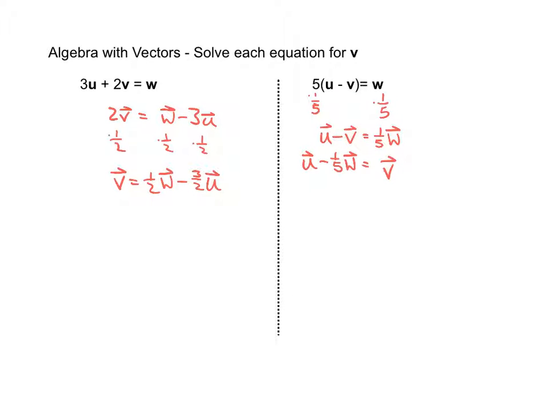Okay? Now this is helpful when we're trying to find a vector that needs to be implemented into a situation when we know what the result is. We want a particular result. We've got to figure out what vectors need to be put in there. We might know one of the vectors, but what's the other vector we need to implement here to get the result we want? That's the idea that we're using here.